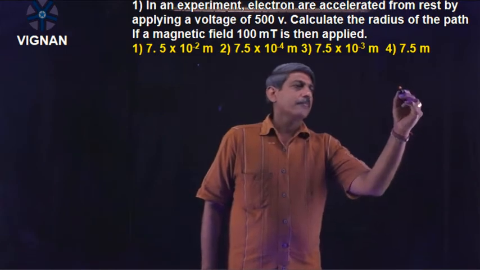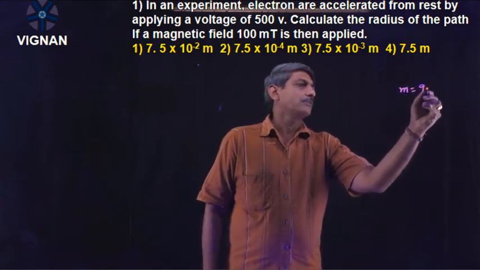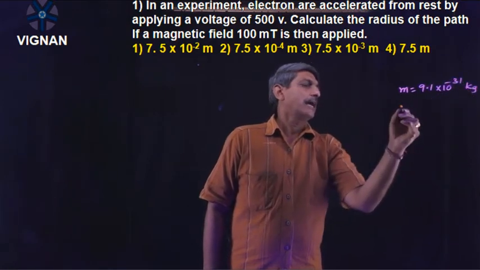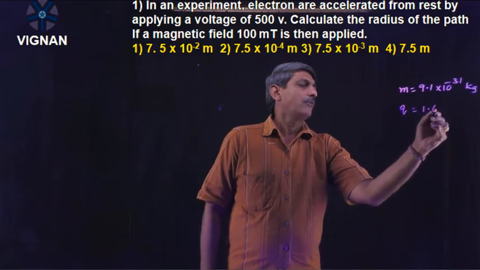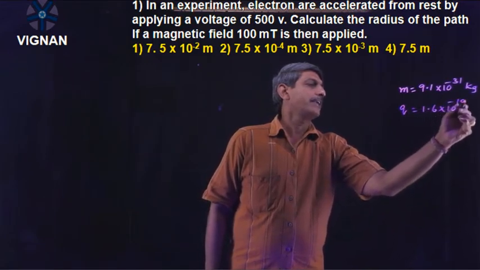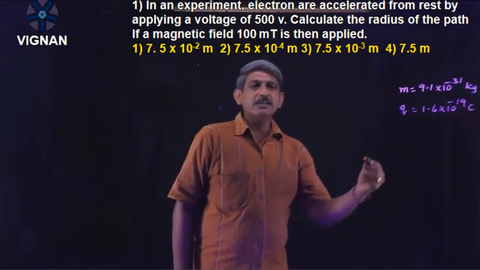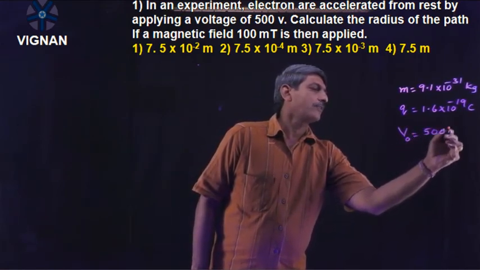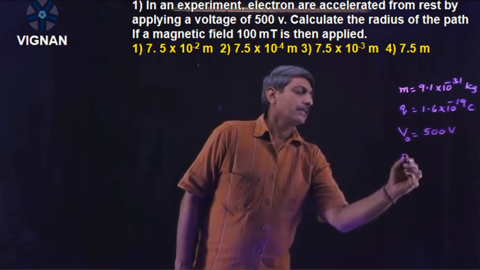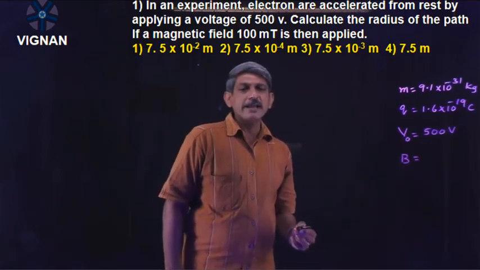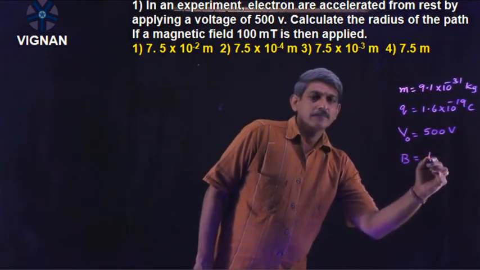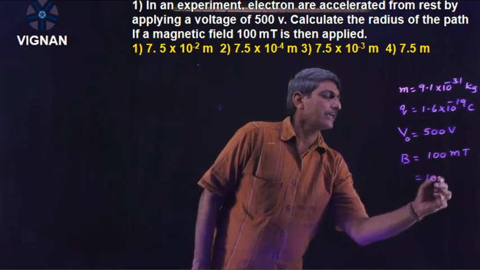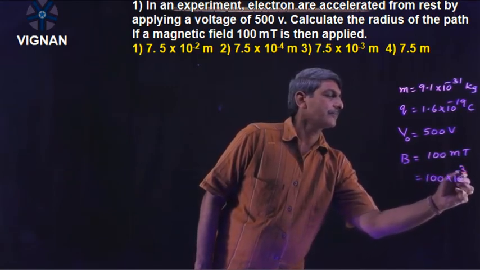We know that the mass of the electron is equal to 9.1 into 10 to the power of minus 31 kg, and the charge of the electron is equal to 1.6 into 10 to the power of minus 19 coulombs, and it is given that the accelerating potential V0 is equal to 500 volts and the intensity of the magnetic field is given by 100 millitesla, that is equal to 100 into 10 to the power of minus 3 Tesla.